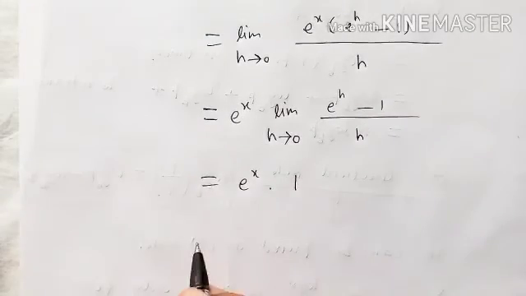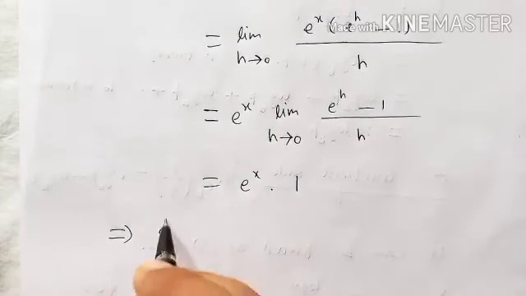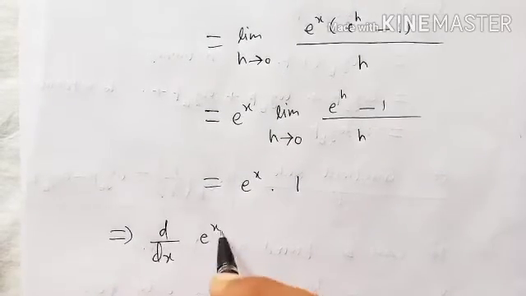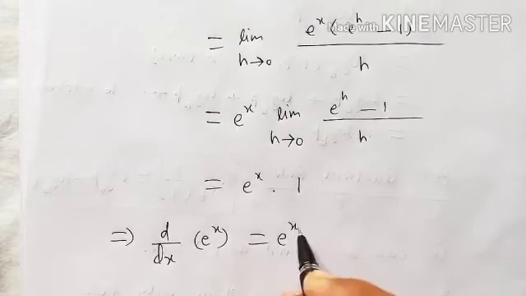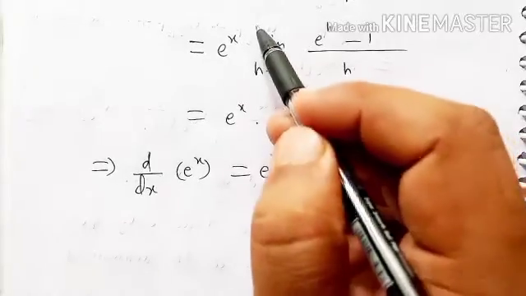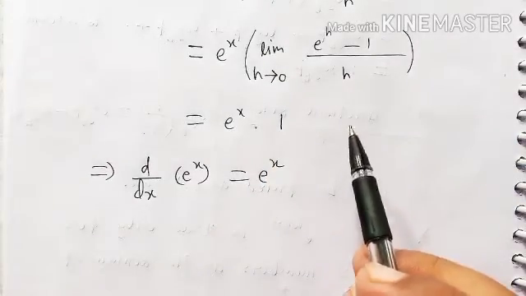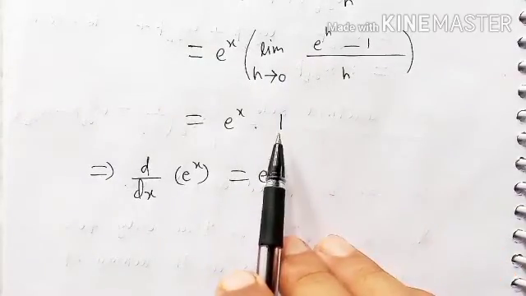Its value is 1. So we have derivative of e to the power x is e to the power x. In class 11th, within supplementary material, it has been discussed that this value will be 1.